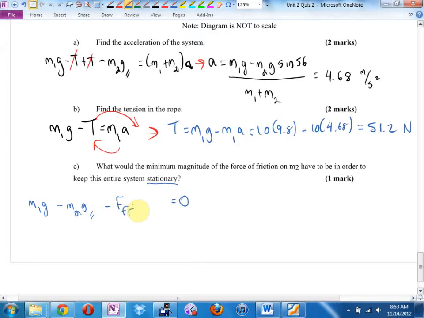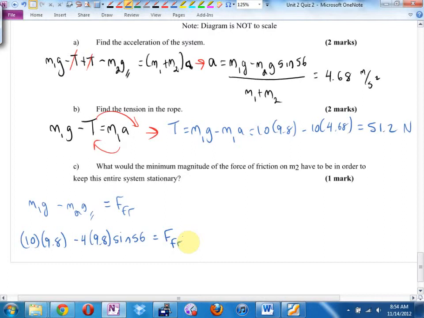In fact, I would argue that I could plus the force of friction over to this side, because there's a 0 there. Friction has to cancel out gravity of M1, and M2G parallel is helping friction. I think I'm going to get this: 10 times 9.8 minus 4 times 9.8 sine of 56.